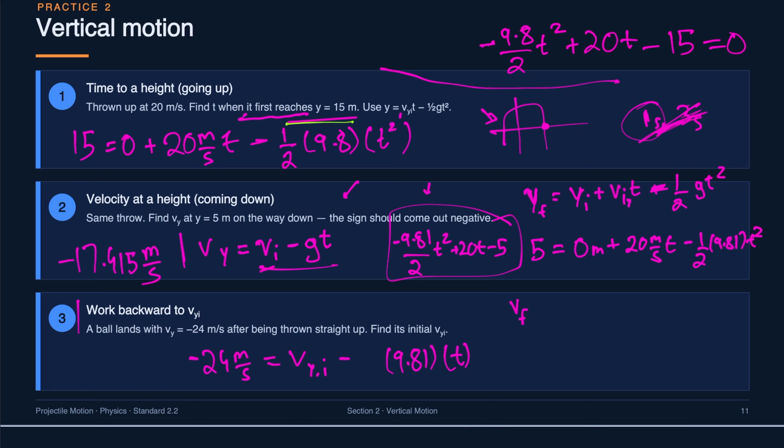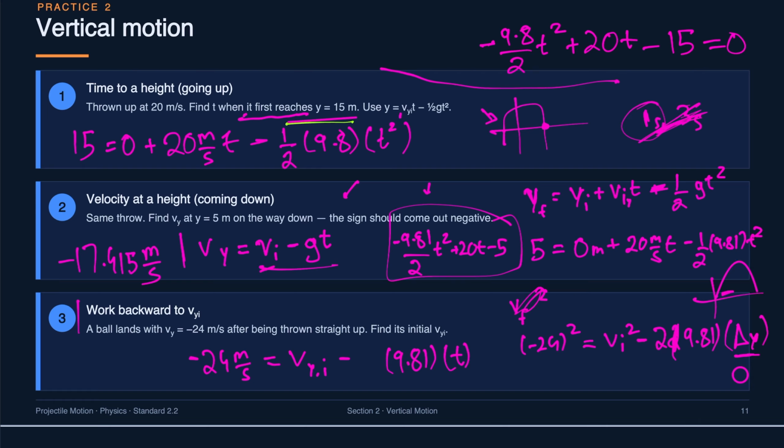Vf squared, or in this case, negative 24 squared, is equal to Vi squared minus 2a, or in this case, 9.81, delta y. We know delta y is going to be 0, right? Because when it's falling, right before it hits the ground, it basically is at the same position, right?